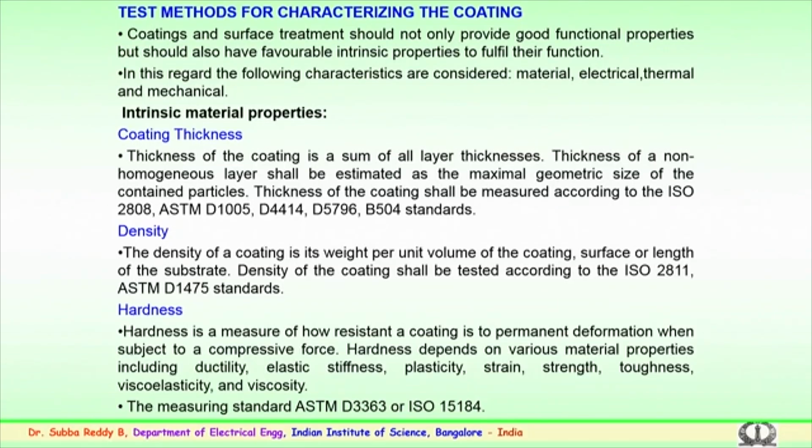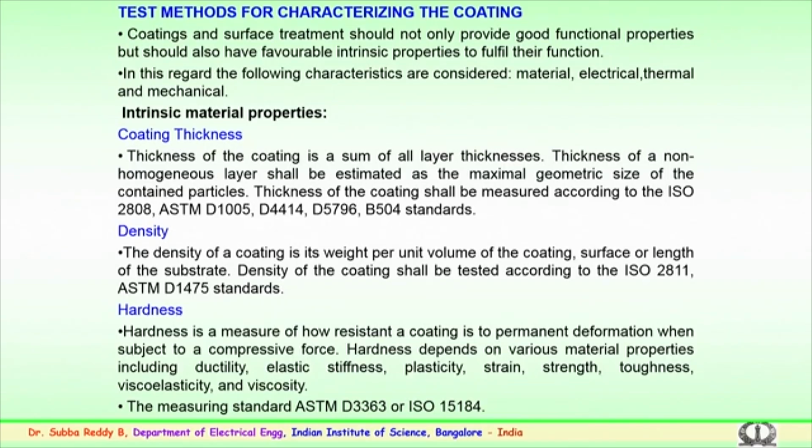All these properties are important in deciding the hardness of the coating which is being applied. For this, the measuring standard ASTM D3363 or the ISO standard 15184 is referred.